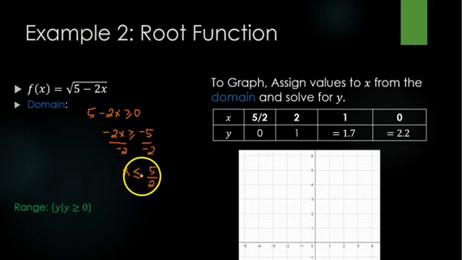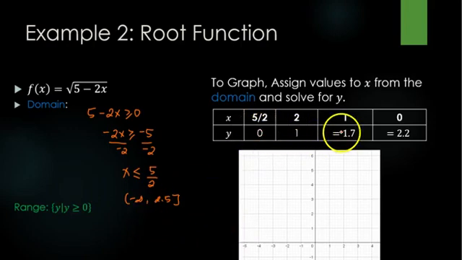So that means your domain would be from negative infinity up to 5 over 2, which I can express also in decimal as 2.5. If we're going to assign values of x, we're going to have the largest as 5 over 2. Then we can assign smaller values of x. So you can see that our range would also start at 0.